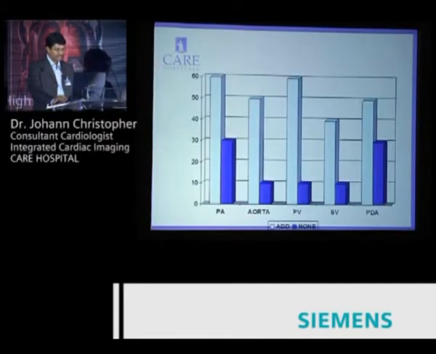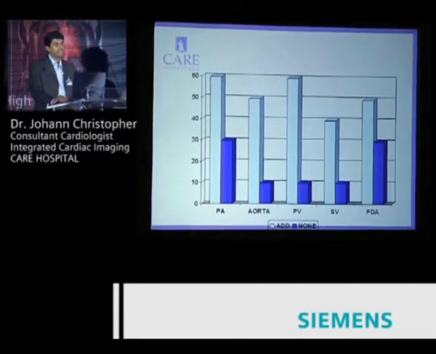This is the kind of cross-section that we have, where the MR or CT has added on to what the echocardiography has already done. And you can see in all the cross-sectional work of pediatric cardiology, that is pulmonary atresia, aortic anomalies including aortic atresia and coarcts, pulmonary venous abnormalities, systemic venous abnormalities and complex PDAs, the MR and CT have added significantly to the diagnosis, and to the plan for surgery or for medical management.